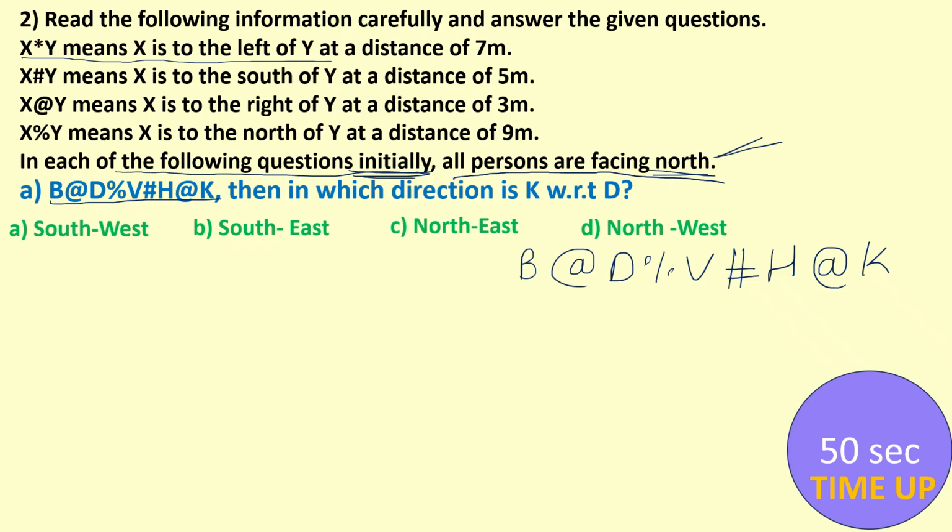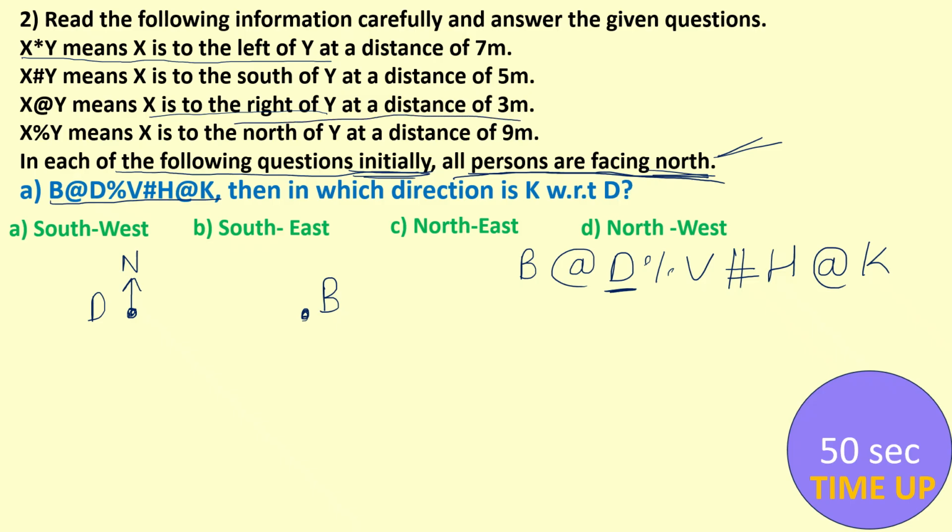B at D means B is to the right of D. So if D is facing north, because initially all persons are facing north, then B will be here and it will satisfy the condition that x at y means x is to the right of y at a distance of 3 meter.